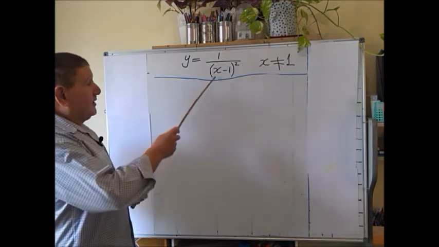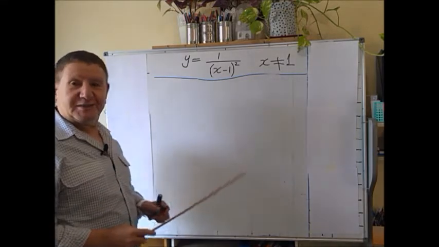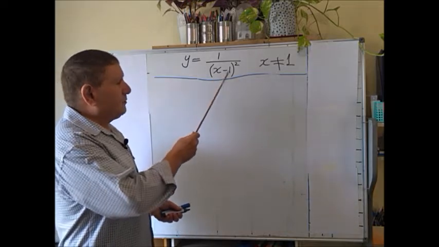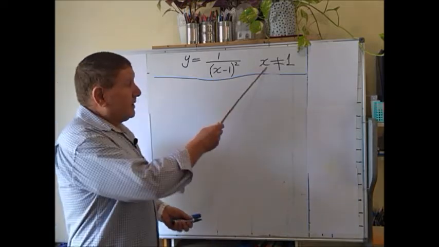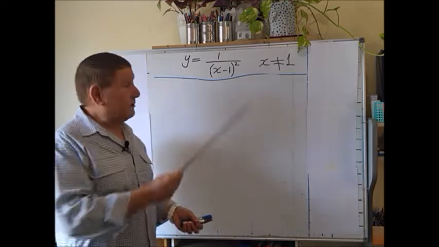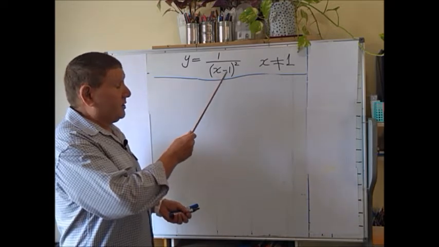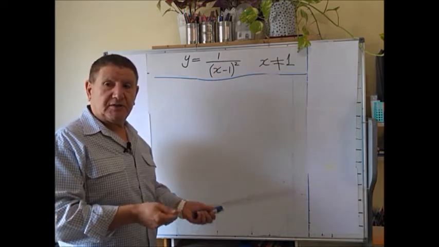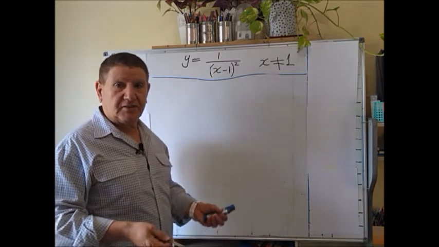As you can see, we have x minus 1 here. So the first thing to think about is that x cannot be equal to 1. So x must be different from 1, because if you put 1, 1 minus 1 is 0, and we cannot divide by 0. That's not allowed, undefined.